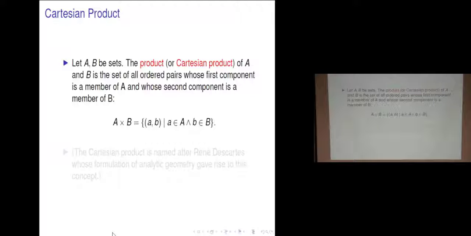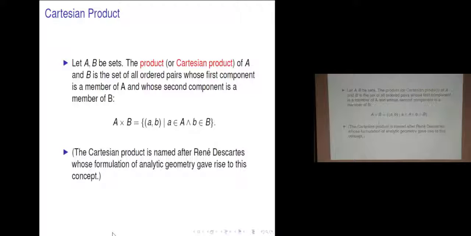I want to talk about this Cartesian product. Let A and B be sets. The product, or Cartesian product, of A and B is the set of all pairs whose first component comes from A and the second component comes from B. You have seen this, right?